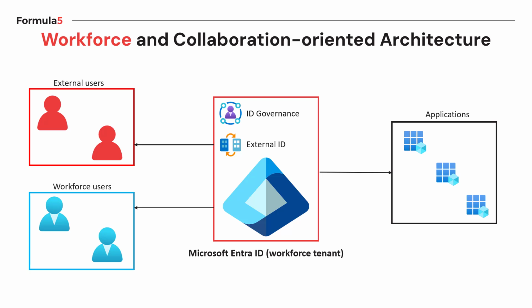Okay, so in this specific workforce and collaboration oriented architecture, the thing is that we have workforce tenant, standard Microsoft Entra ID tenant, where we can leverage B2B invitations for guest users, and also we can enable external ID to secure those applications that are actually developed by our organization, and we can provide access to external users to those applications.